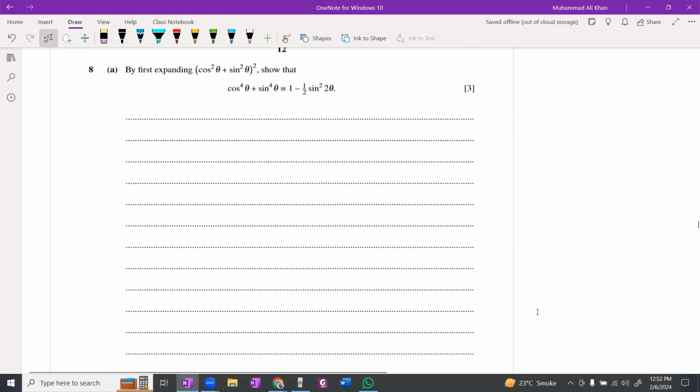Question number 8. What we have to do in question number 8, by first expanding this, show that the whole thing. Okay. Can I say that cos squared theta plus sin squared theta equals to 1? Yes, I can.